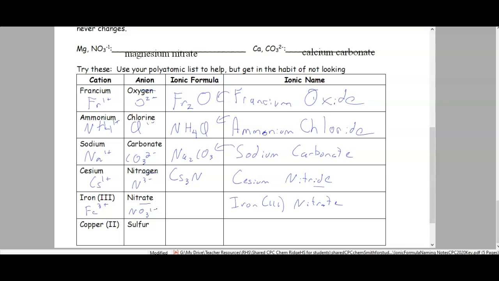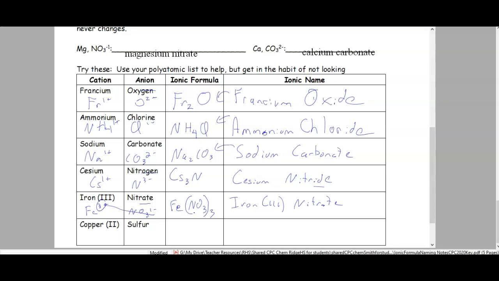Again, have that periodic table handy. And now you crisscross this as you did on the prior video. Fe, NO3. This 3 goes down here. We don't like it to look like 33 oxygen, so we put parentheses around the NO3. So now there's 1 iron and 3 nitrates.